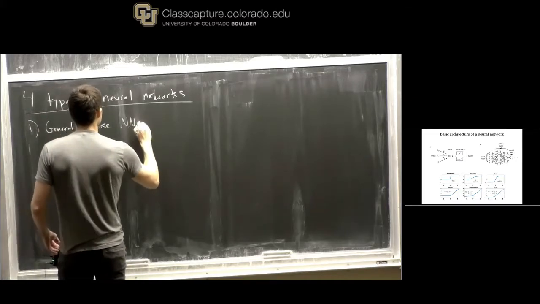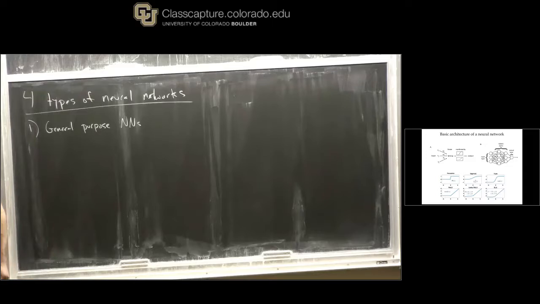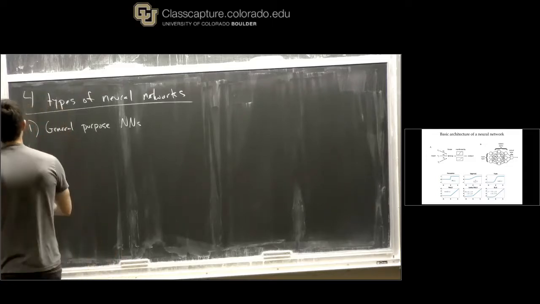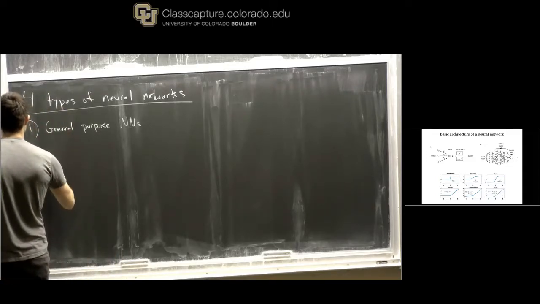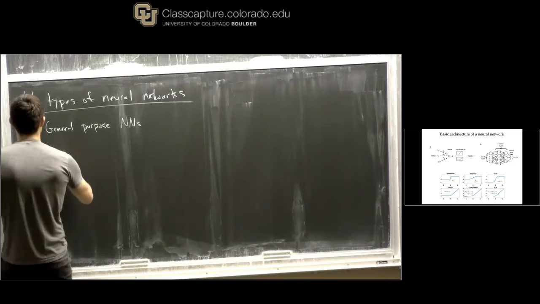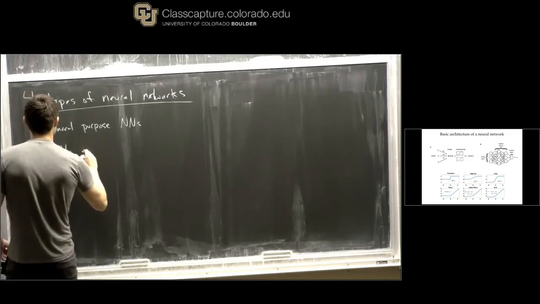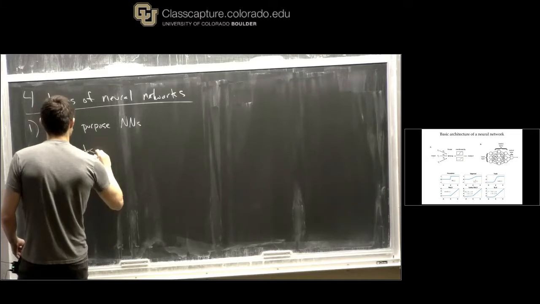neural nets. The reason I call it general purpose is I want to contrast that with neural networks explicitly designed for things like images.